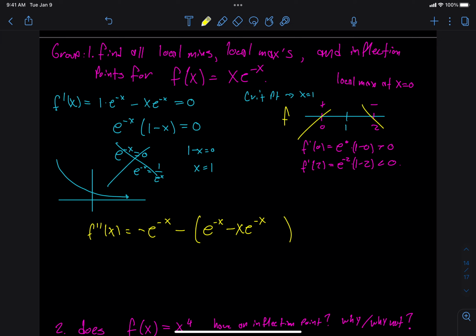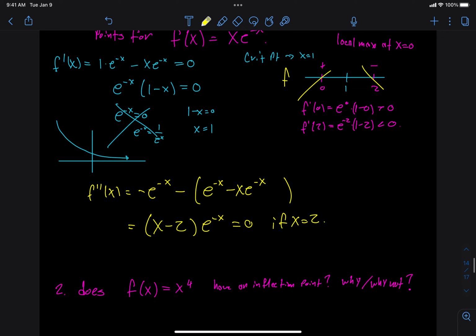Yeah. So combining these, we get, well, I guess one way to write it would be to write it as x minus 2 times e to the minus x, which is equal to 0 if x equals 2.